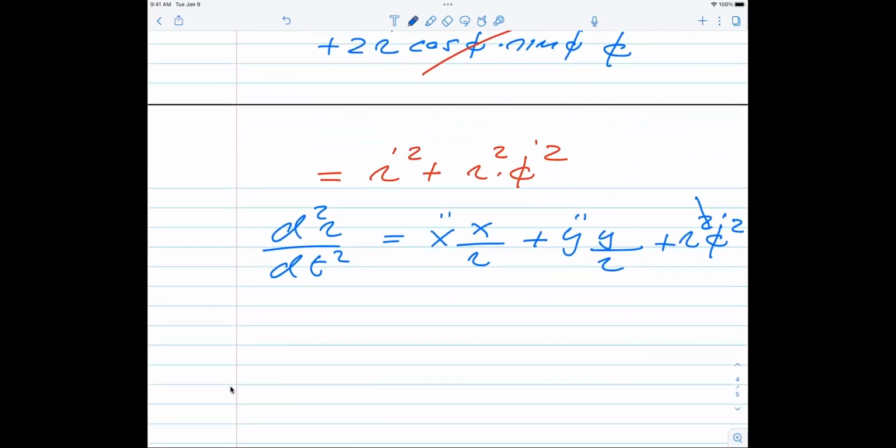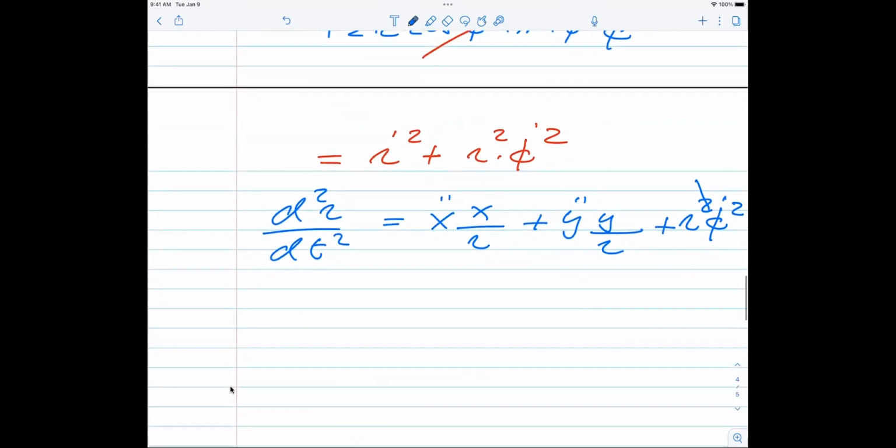So this is the acceleration for the radial degrees of freedom, for the relative position. And now we are only looking at its absolute value, okay? If you look at this expression, if we plug in that x is equal to r times cosine phi, and y is equal to r times sine phi, you see that we can get rid of x and r, and we just get a cosine phi, and similarly there.